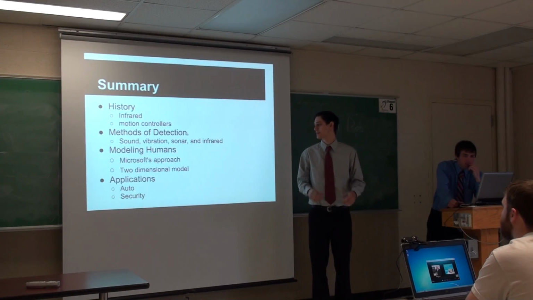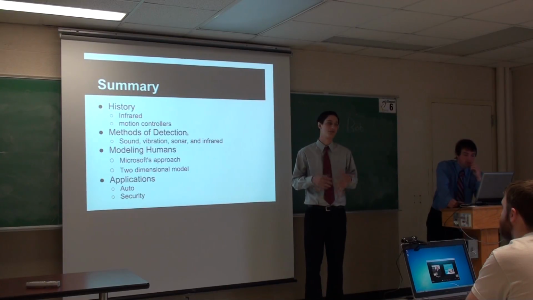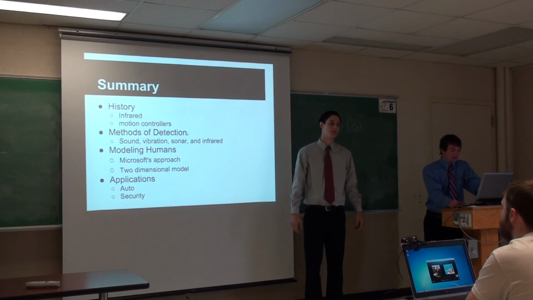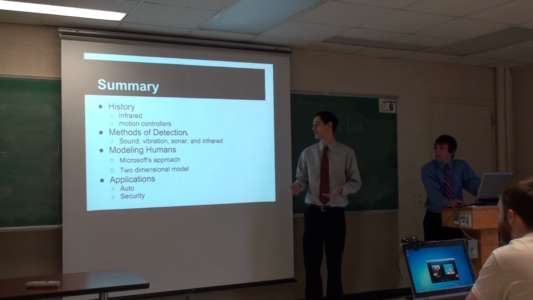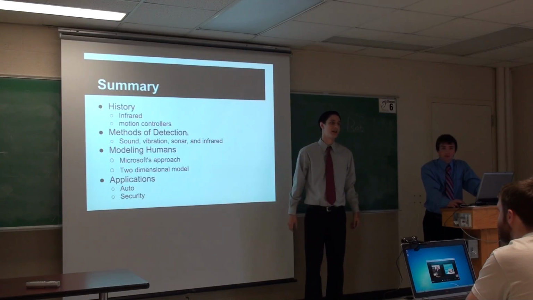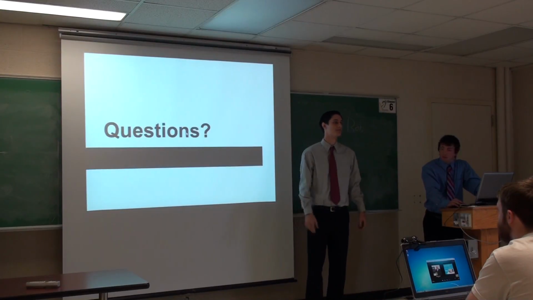We talked about some different ways of software modeling of humans, including Microsoft's new approach that uses joint positioning and classification, as well as a two-dimensional model that Mark talked about. And finally, I talked about some of the applications of human detection and tracking, including the auto industry and security. So, any questions?